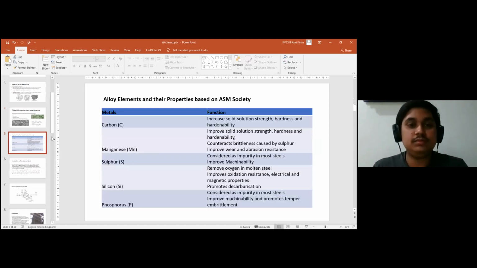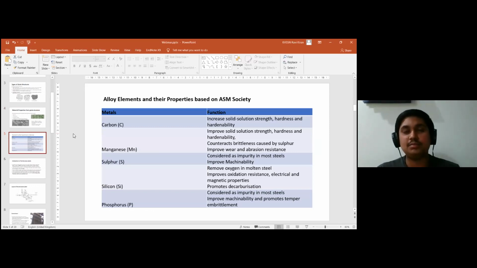Excuse me. So these are the alloy elements that are basically found in all the boiler applications and its accessories. Economizer tends to be one of the accessories of a thermal power plant boiler.